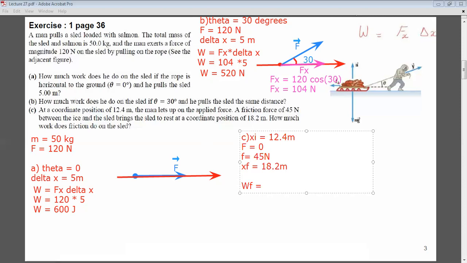We agreed that it will always be minus F, because if I draw it, let me draw it first to show you. So if this is my object, now friction, you only have to draw the force in order to get the work by it, okay? So if I draw the force of friction, and the object is moving from x initial 12.4 to 18.2, so it's moving in the opposite direction.